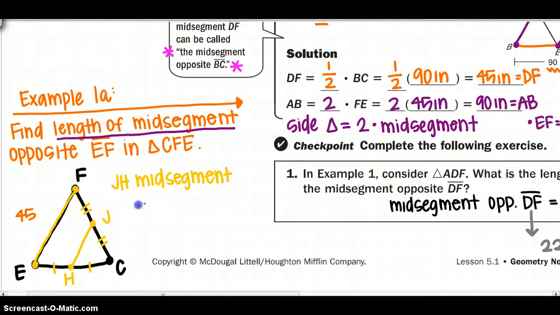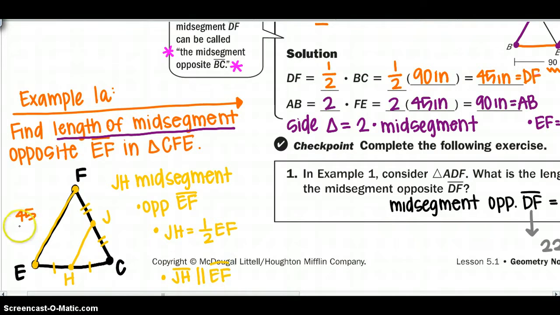We also know it's opposite EF. We know that JH equals half of EF. And the third thing we know is that JH is parallel to EF.